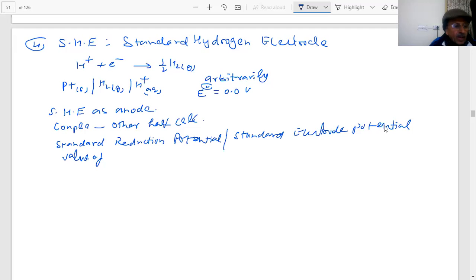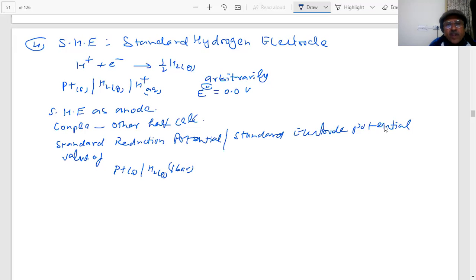So if I join platinum solid, this is my hydrogen. Hydrogen is the anode, students. The pressure is 1 bar.